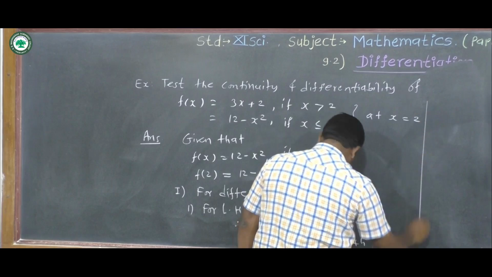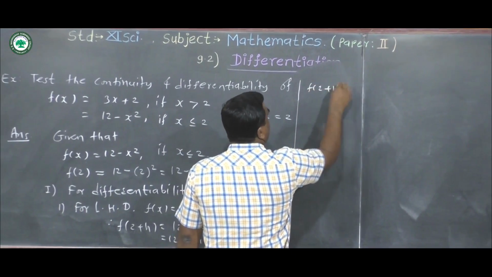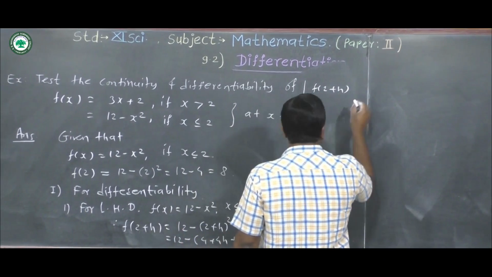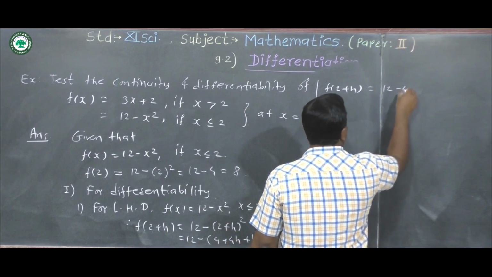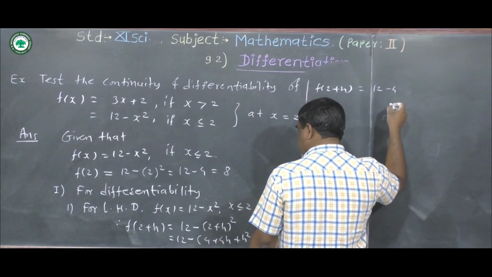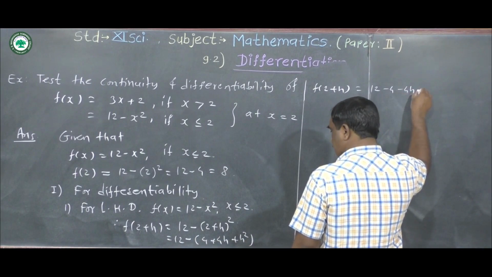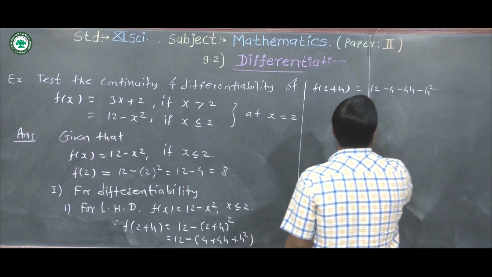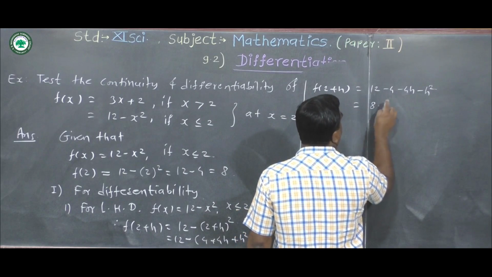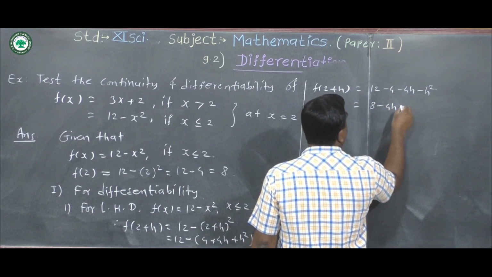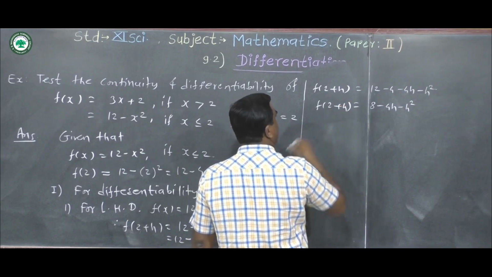So f of 2 plus h is equal to 12 minus 4 minus 4h minus h square, that is 8 minus 4h minus h square. This is the value of f of 2 plus h.